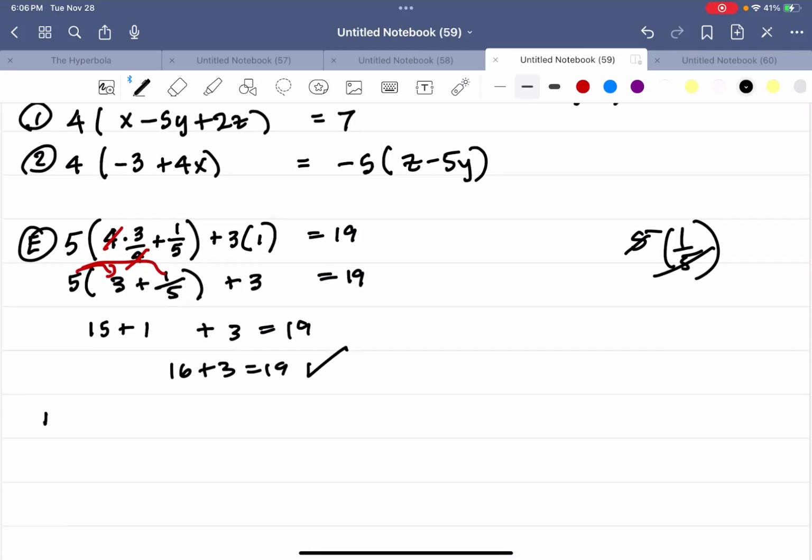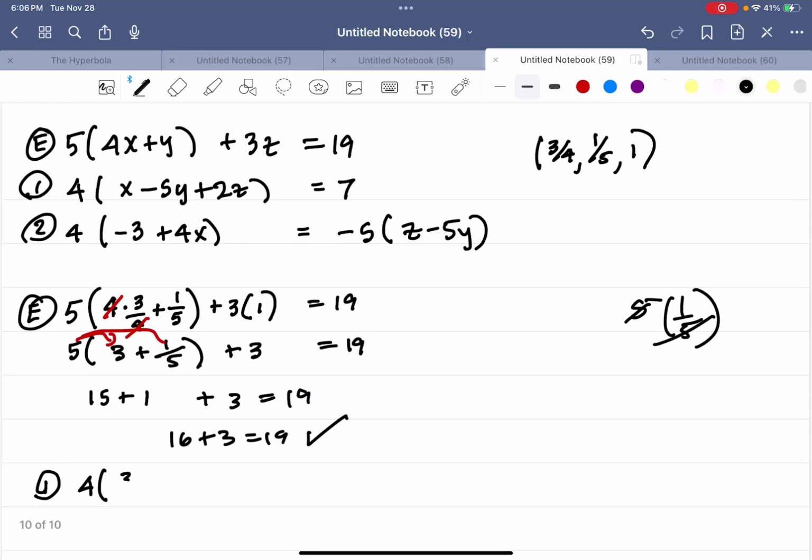Now in equation 1, it's going to be 4 times 3/4 minus 20 times 1/5 plus 8 times 1, supposed to come out to 7.